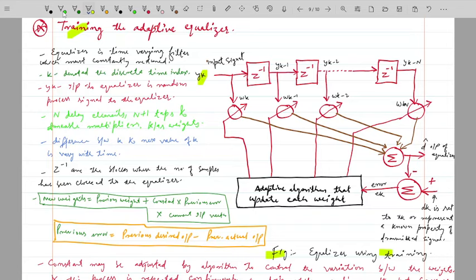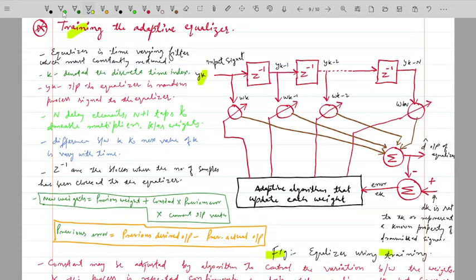For the y of k signal, the weight w of k is used here. Z inverse is a block that gives the clock and retraining signal for every delayed input signal.